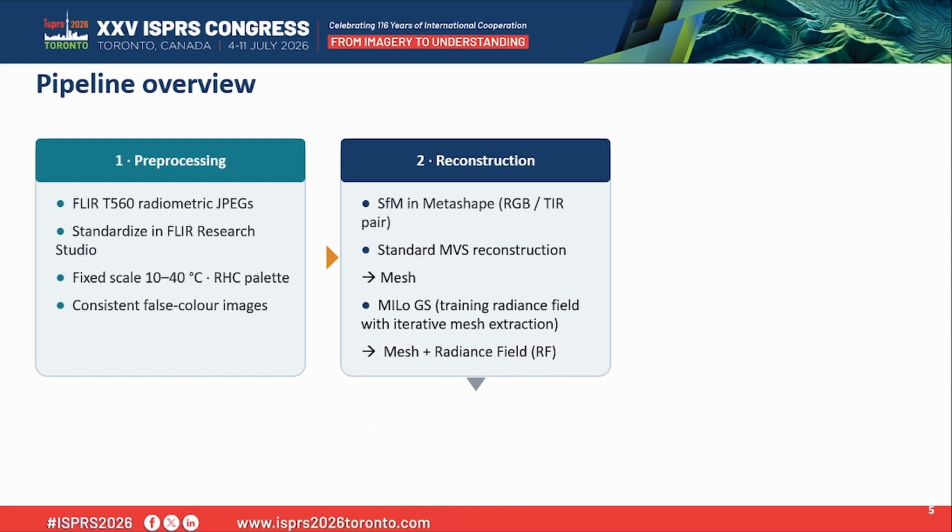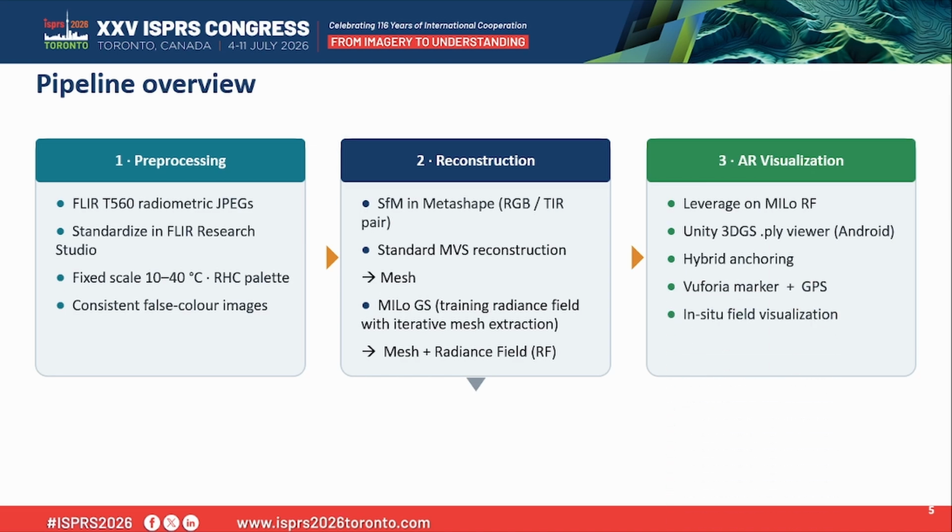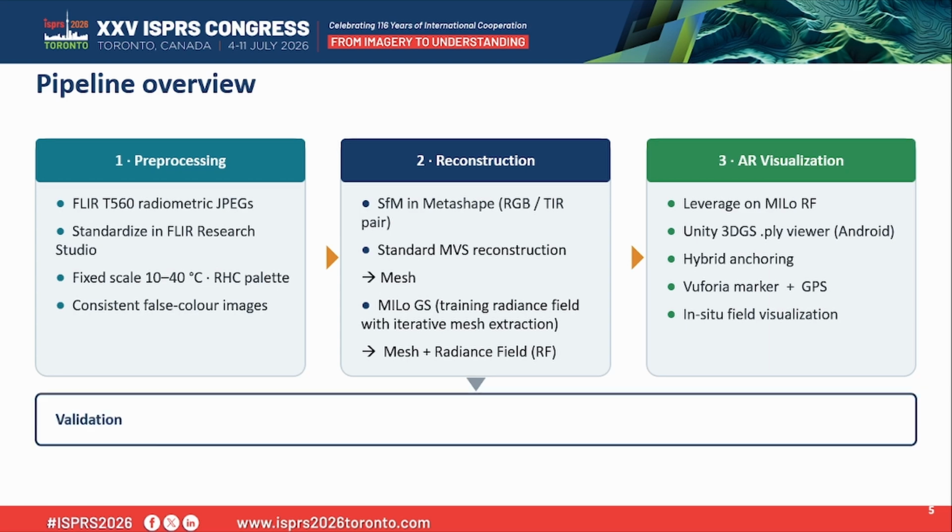So at the end we will have a mesh that we will compare with the MVS reconstruction against TLS, and a radiance field, which will be used for augmented reality visualization, planned on a Unity 3D GS .ply viewer for Android, using hybrid anchoring plus Vuforia markers and GPS that can allow us to have an in-situ field visualization.